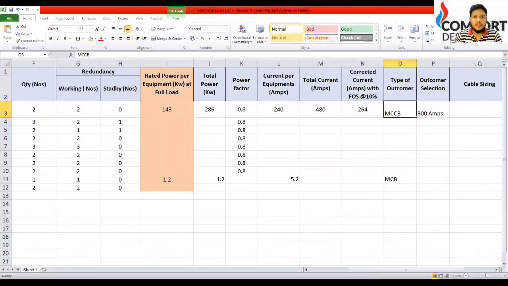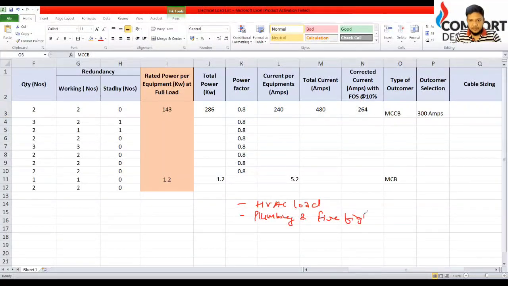So what we will do, I will just write here: HVAC load will be there, then plumbing and firefighting load, then all electrical equipments, electrical loads, and in the last we have other miscellaneous load.